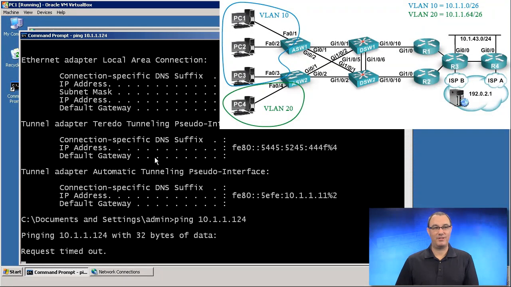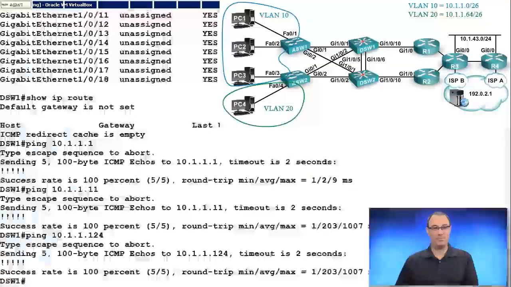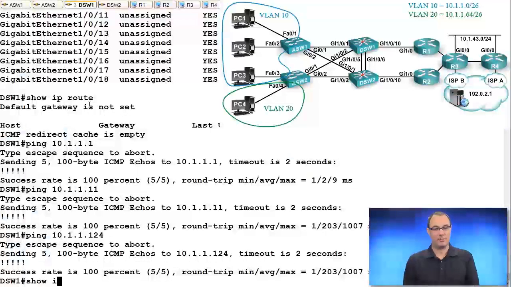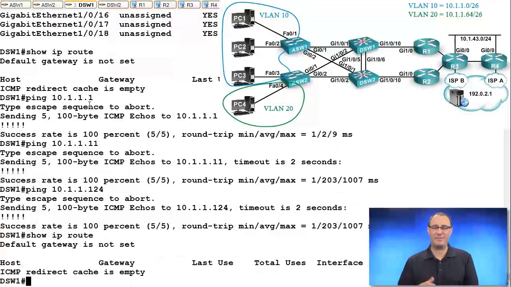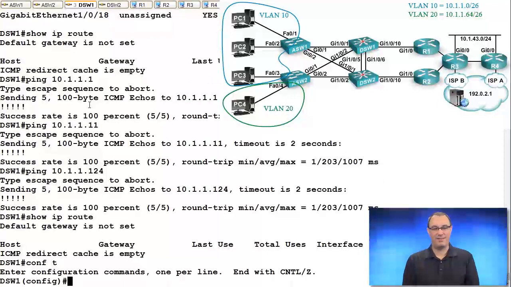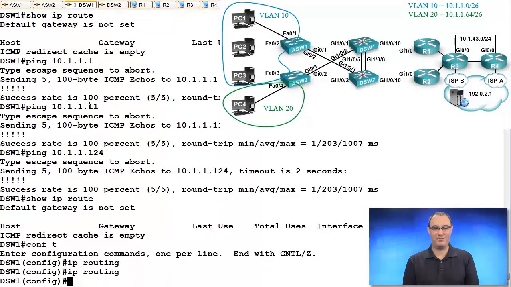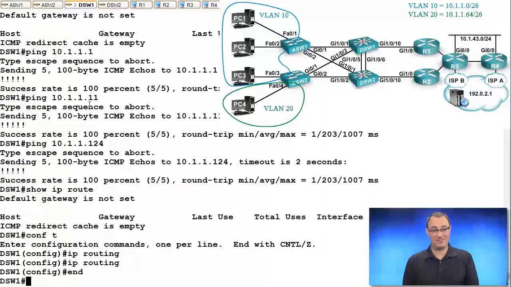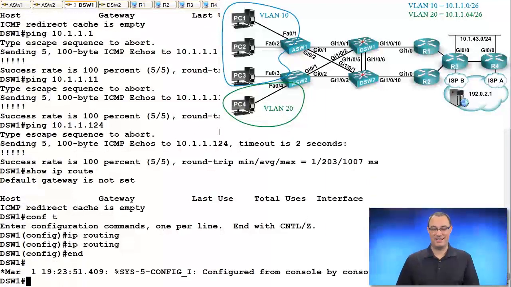Boo. Well, let's go back and look at our routing table. Show IP route. Oh, wait a minute. That doesn't look like a routing table. Let's do an IP routing. Not a command you use every day. Really, not a command you use every day, no matter who you are. And now let's give it a whirl. Oh, let's look at our routing table.